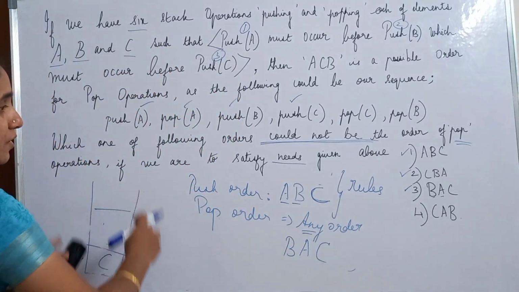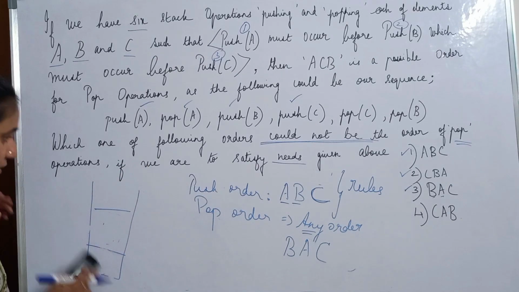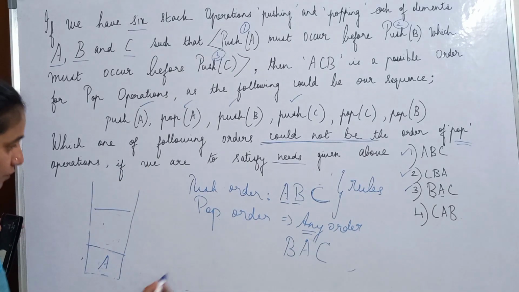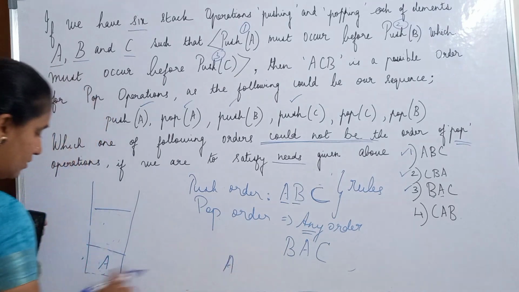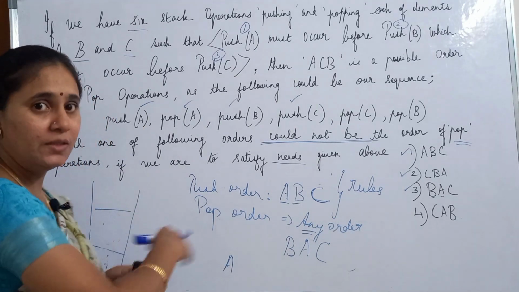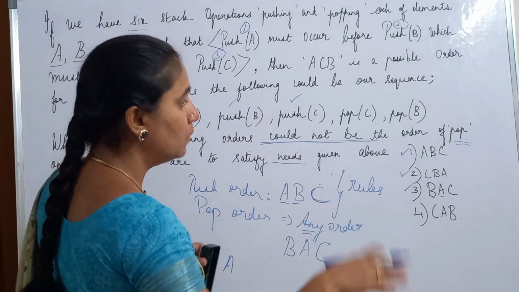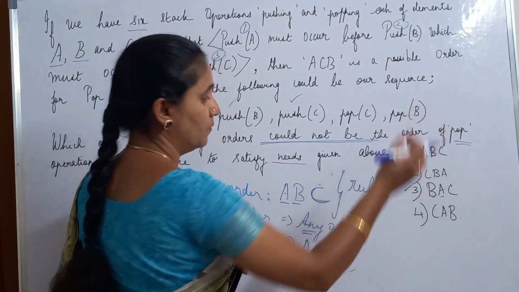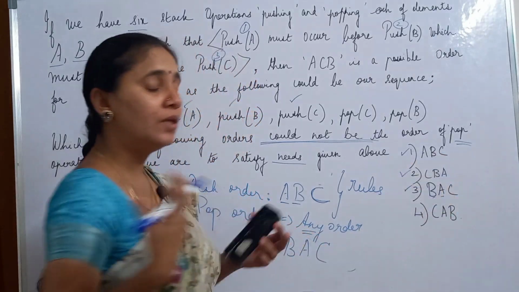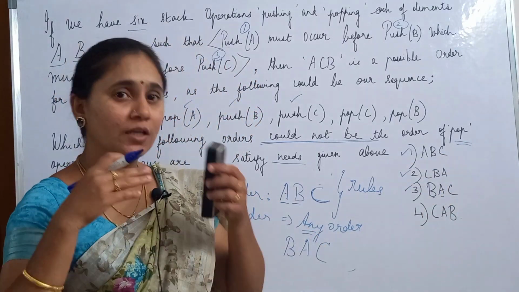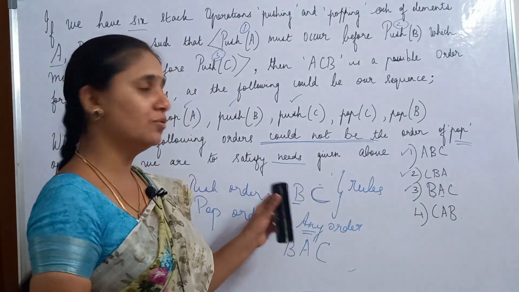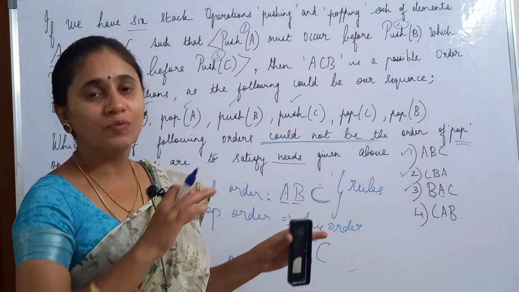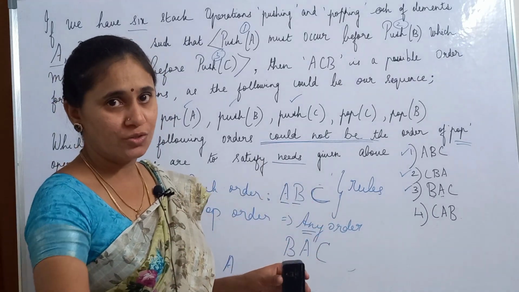You can just try it with various options. For example, if I insert A and then pop it, whatever the possibilities I try, I will be able to get only ACB, ABC, CBA or BAC. So this pop order I cannot get in this stack operation without changing the rule of push order.